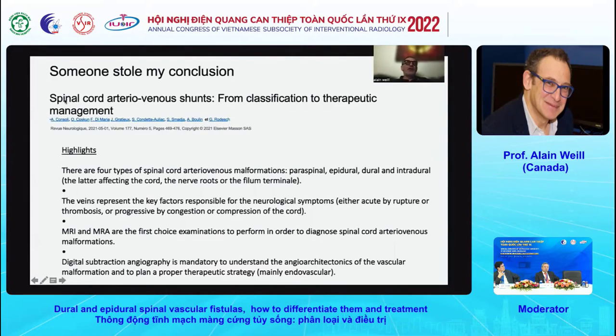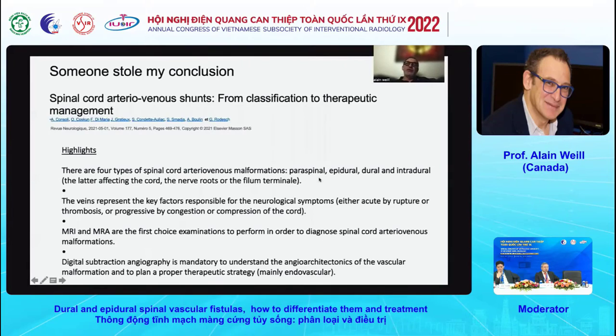It's a good article in Revue Neurologique also. And he highlights, and I completely agree, and it was almost a conclusion I wanted to say, that there are 4 types of spinal cord arteriovenous malformation: paraspinal, epidural, dural, and intradural. Yeah, you can classify like that.